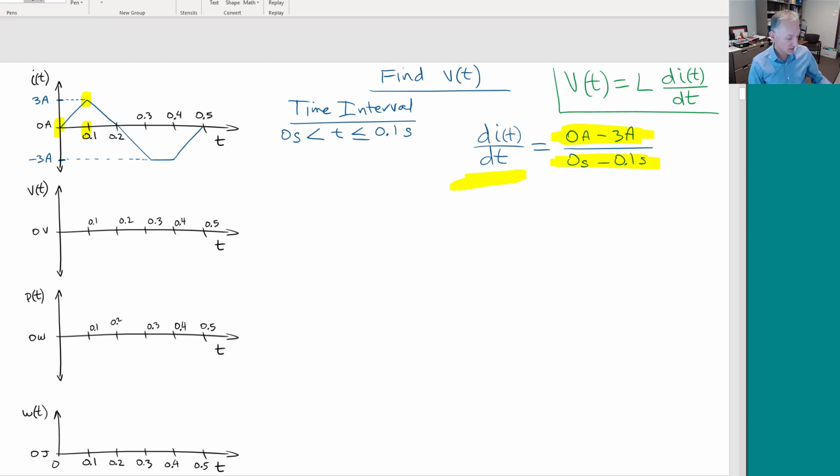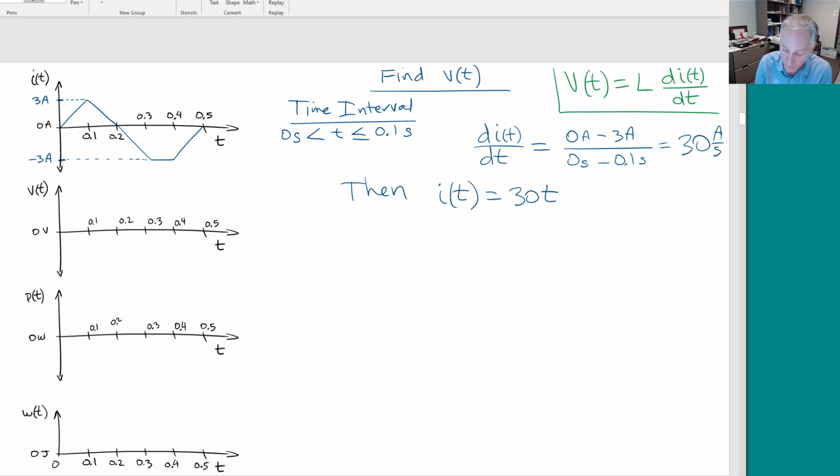That should be very familiar to you, and that works out to a value of 30. The slope is 30, and di/dt is the slope. So we can write i of t in the form of an equation, 30t, with the slope coming in here.